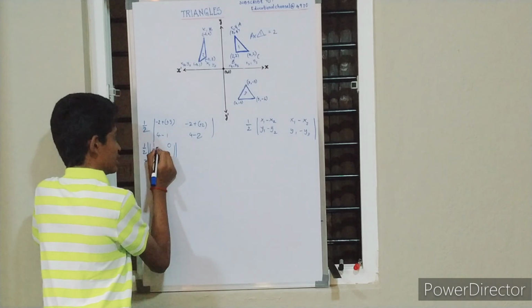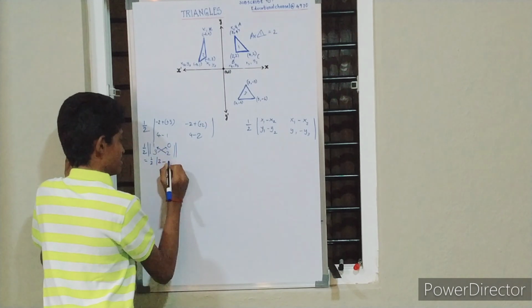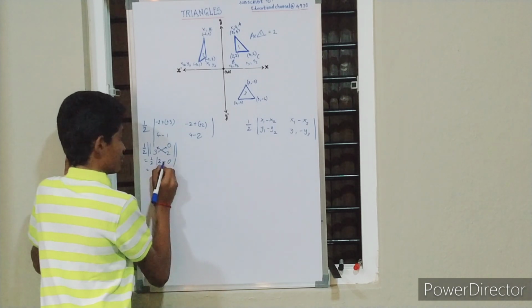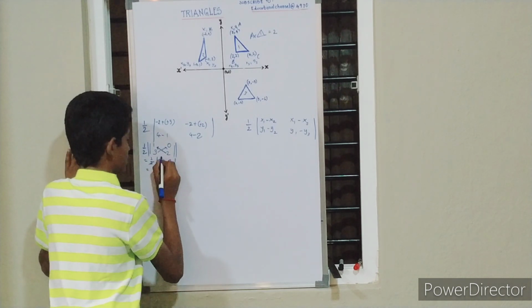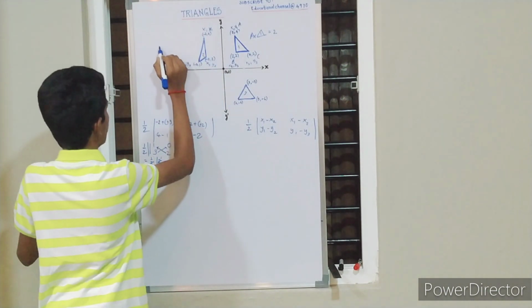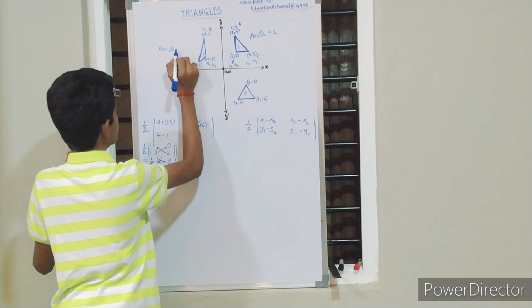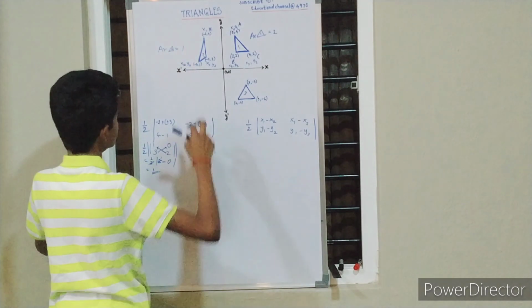Again here 2 into 1, 2, automatic minus 3 into 0. Half of 2. Half of 2 is 1. That's it. So area of triangle 2 is equal to 1.